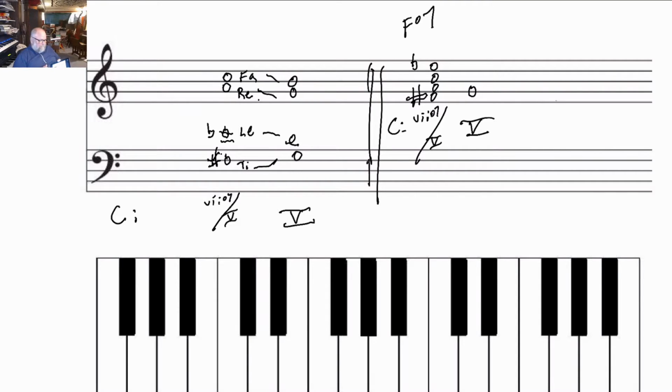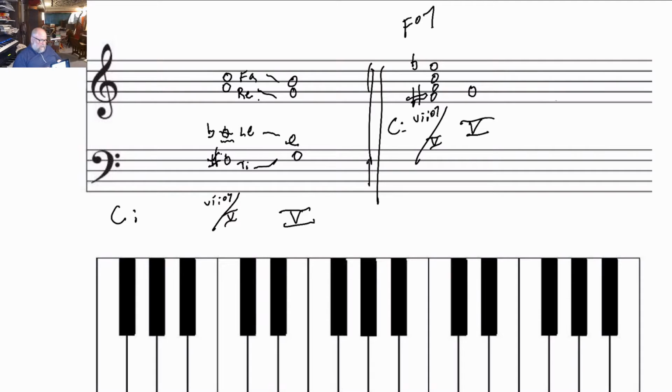Dig it? And we end up perfectly. Root position, it was a root position 7 diminished. No matter what the inversion would have been of this 7 diminished, you would have resolved all 4 of those tones exactly the same way. You're going to end up with a doubled root and a third and a fifth.